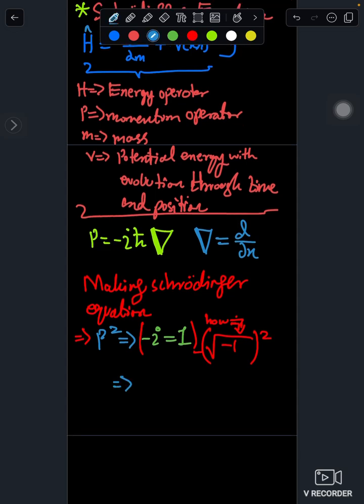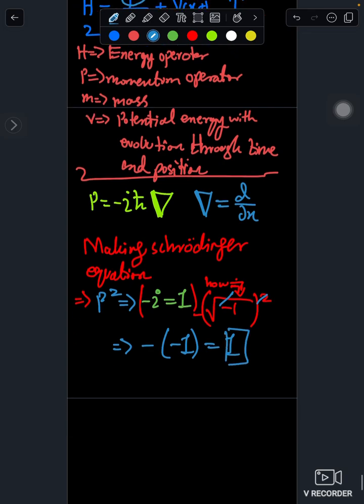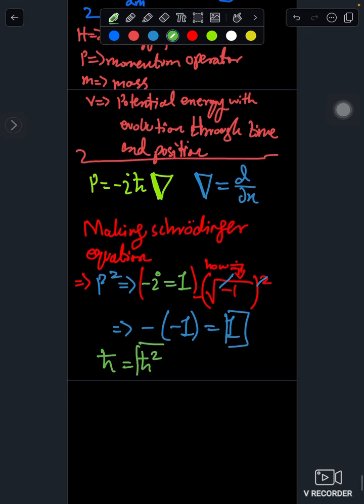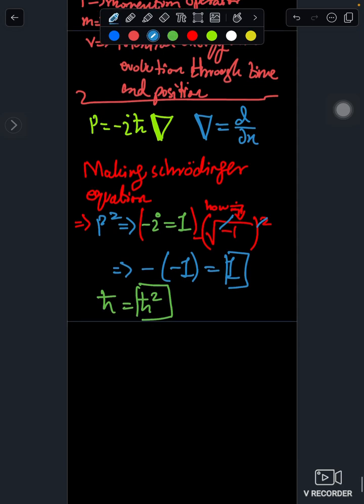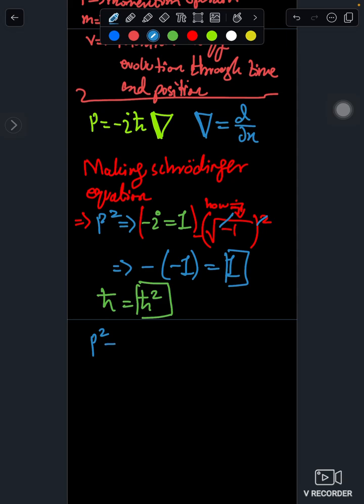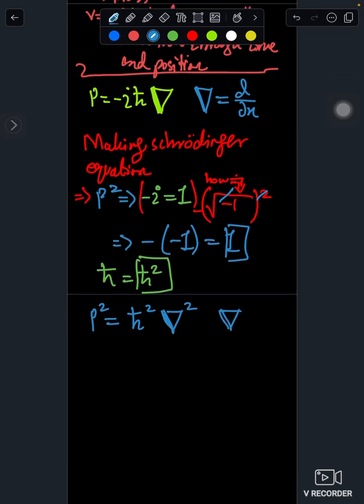So 1, and h bar becomes h bar squared, which will then give us p squared equals h bar squared with the gradient squared, and the gradient operator squared is d squared over dx squared.